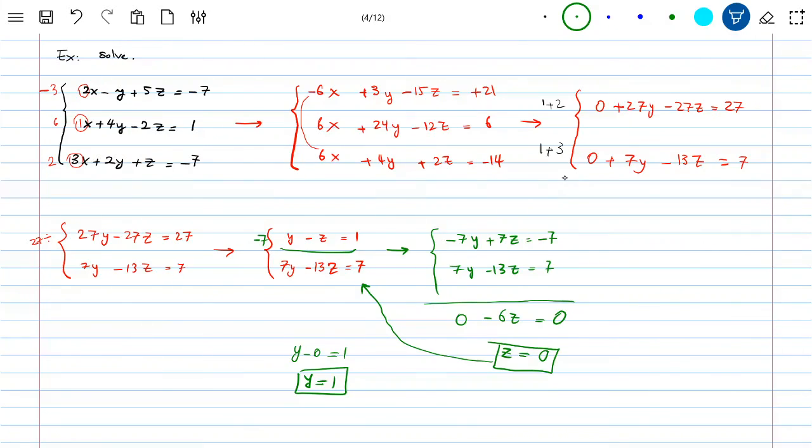What is x? I'll go back to the original equation somewhere here. Pick the simplest one. Maybe this one looks simpler. Place y and z in there. What you get is x plus 4 times 1 minus 2 times 0 equals 1. Find out what x is. x plus 4 minus 0 equals 1, so x becomes negative 3. So I found x, y, and z.